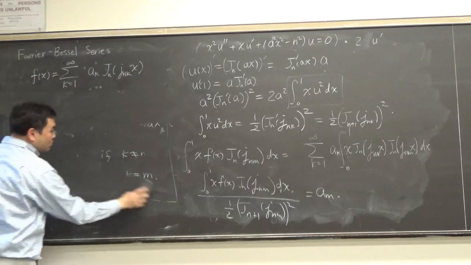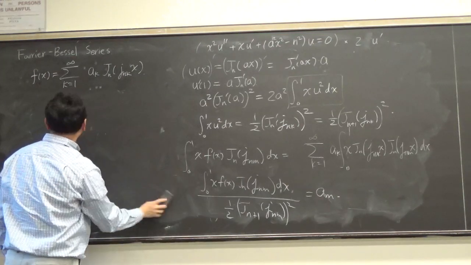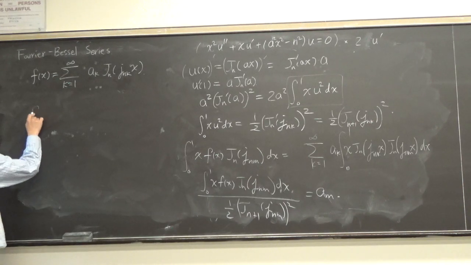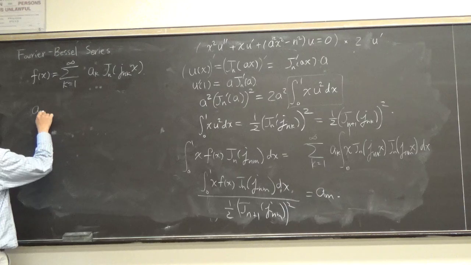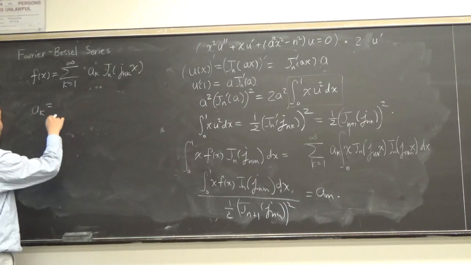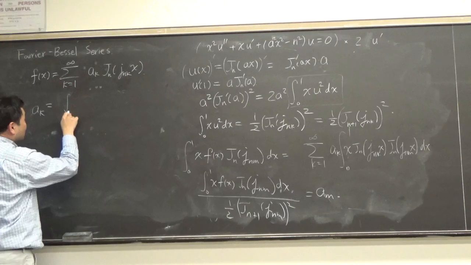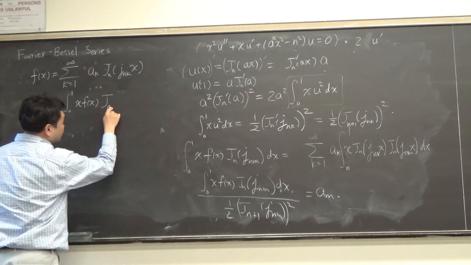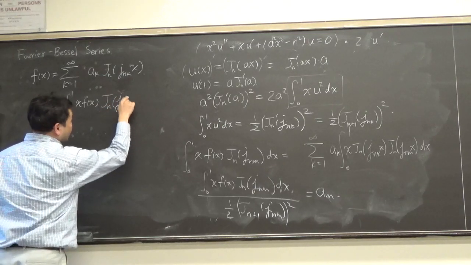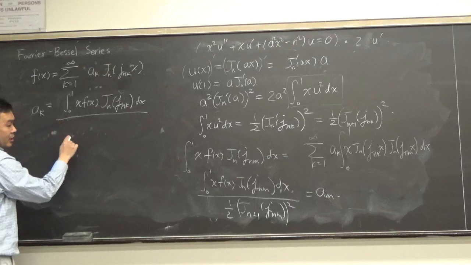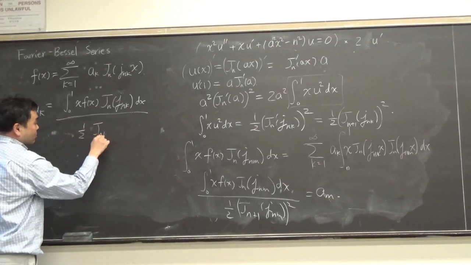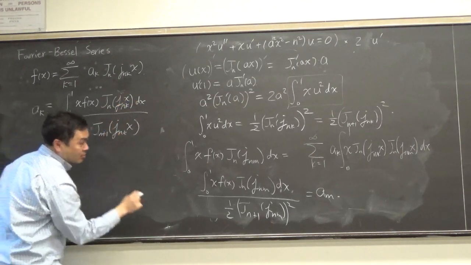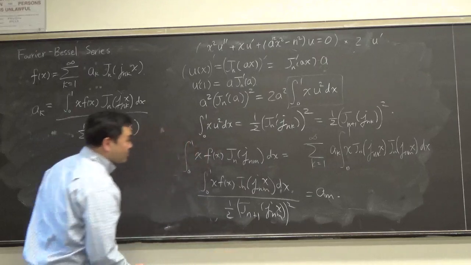So the final conclusion is, if you have a function defined on the interval 0 to 1, and you want to know the coefficient ak, let's write it down for ak. It's the integral from 0 to 1 of x f x jn of j n k x dx, divided by 1/2 j n plus 1 of j n k. Oh, I keep forgetting the x's, sorry.